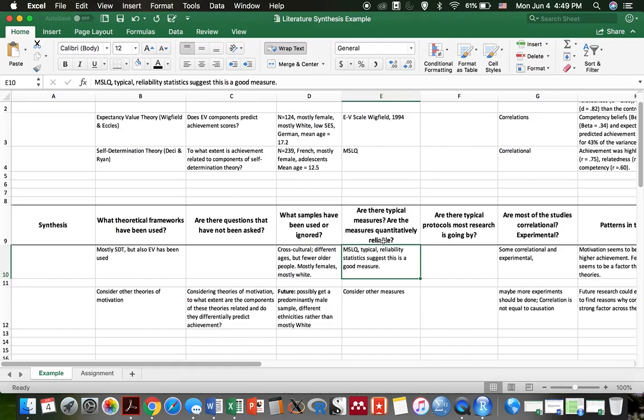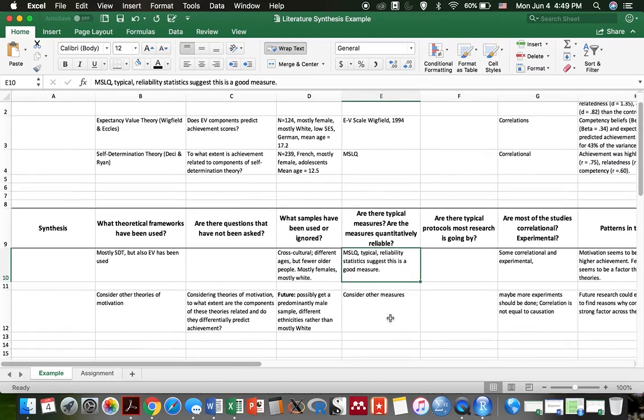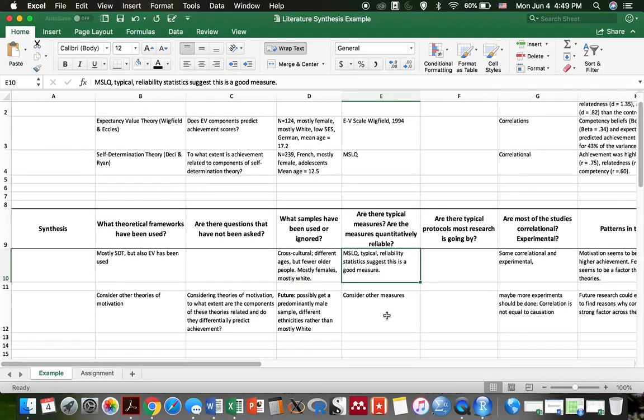If the reliability is 0.7 or above, 0.7 to 0.79 is adequate. 0.8 is pretty decent. 0.9 is really good. So 0.9 or above, right? So the higher the Cronbach's alpha, the better. If it's lower than that, then the measures really weren't that reliable in the study, and it may hurt the validity of the study, okay?